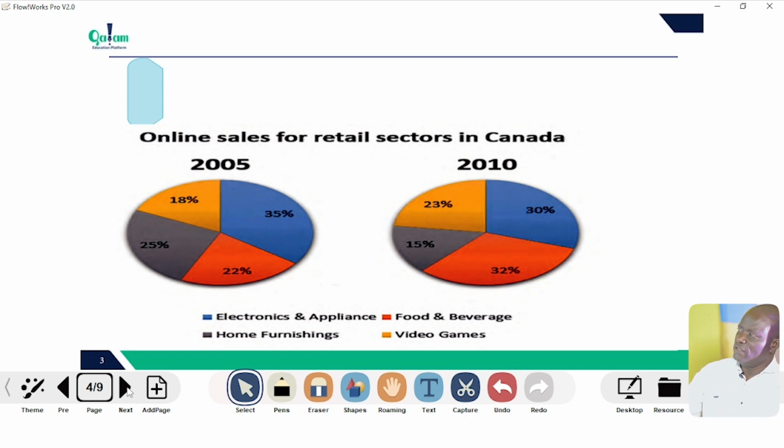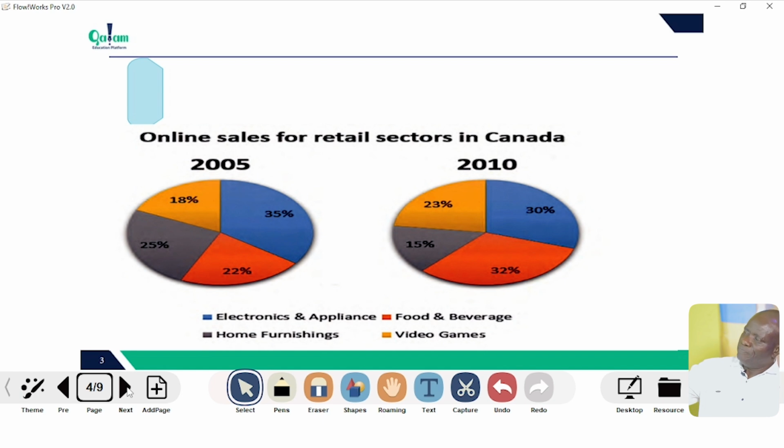And where you see maroon, dark, that is home furnishings. Then where you see orange, that is video games. So this is showing the retail sales in Canada in the 2 years, 2005 and 2010.